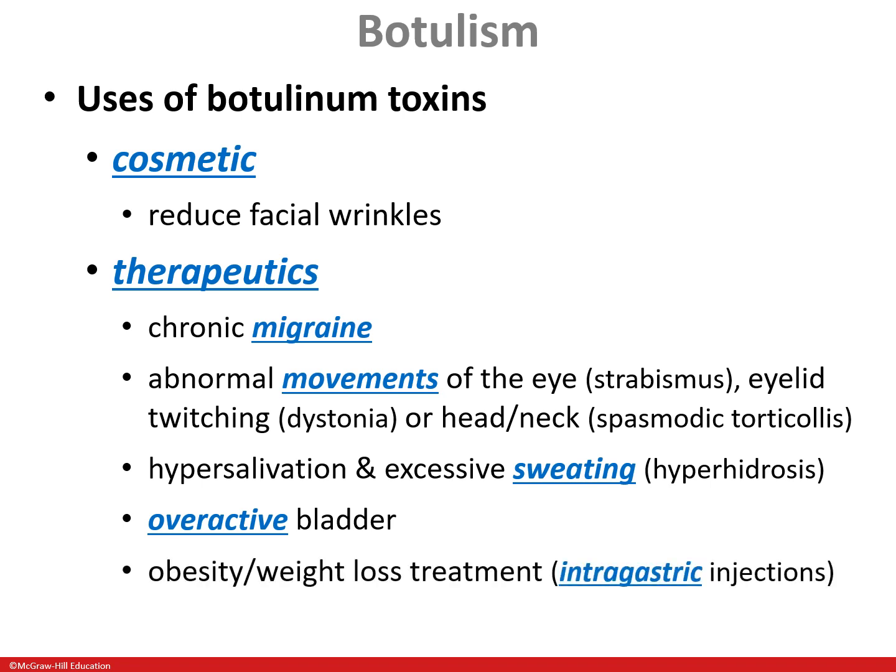And even some weight loss treatments. So if you can keep your stomach from growling all the time, then maybe you can avoid that hunger that causes weight gain. And so some obesity treatments now are even using botulism. And so they literally inject botulism toxin into the muscle of the stomach and intragastric injections.